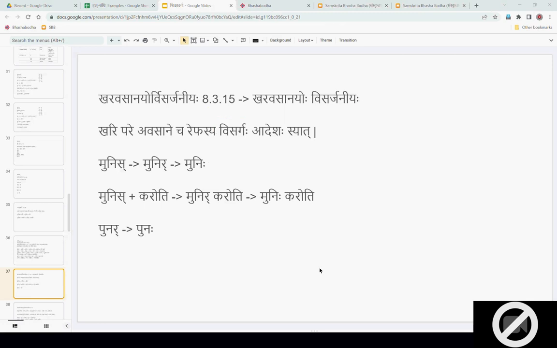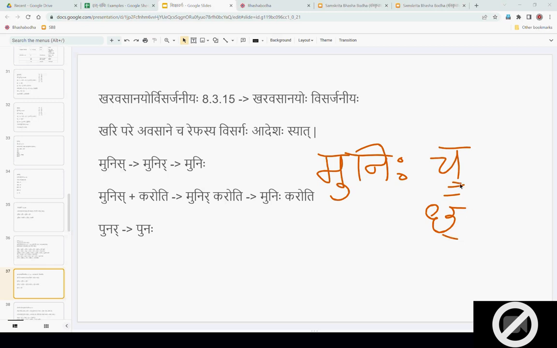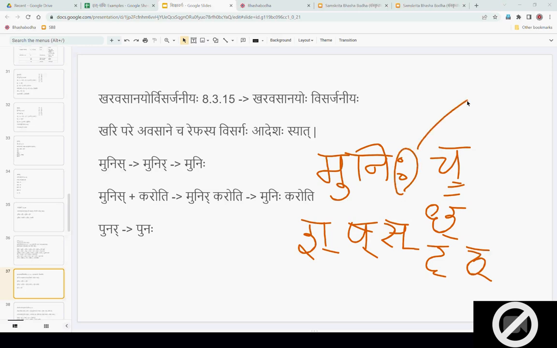But if the following letter is, for example, cha, other than ka, kha, pa, pha, any other hard consonant like ta, tha, or the sibilants sha, sha, sa, then the following sutras might affect this. They might change this visarga to something different.